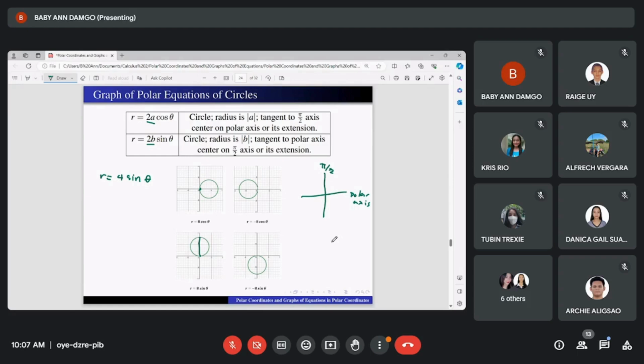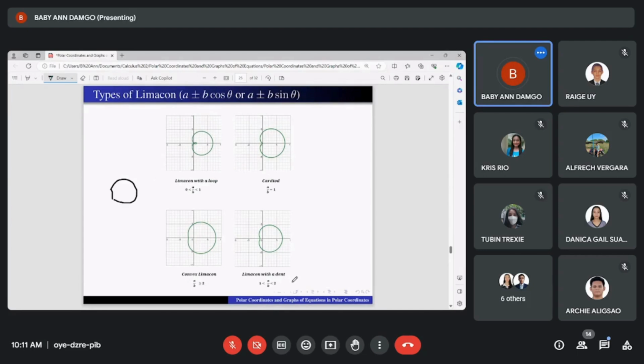So, convex limaçon, kay mura siya na siya straight dire. Here, ani. So, mura siya circle, but di siya circle, tungod dire. No? Mura siya naa siya straight here. Mura siya gingana. Okay? And then, limaçon with a dent. So, mura siya na ay dimples. Okay?